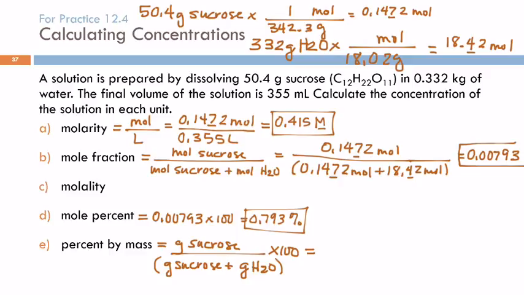So here we need the mass of the sucrose, so that's 50.4 grams. And down here, we need the mass of the sucrose plus the mass of the water, times 100.